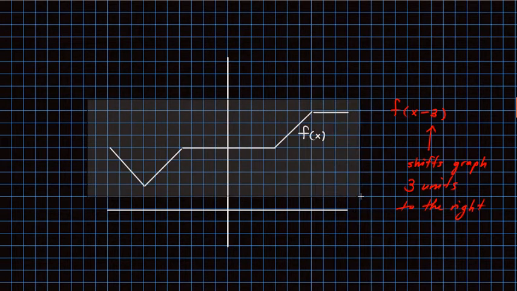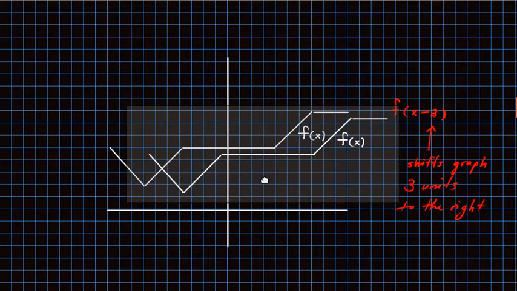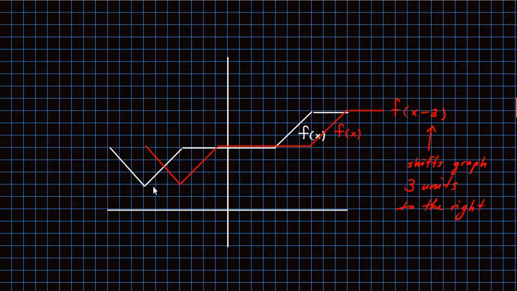Okay, so let's see what does that mean. Okay, there we go. That's shifted over to the right by 3 units. 1, 2, 3. Everything's been shifted. So that's the graph of this function.